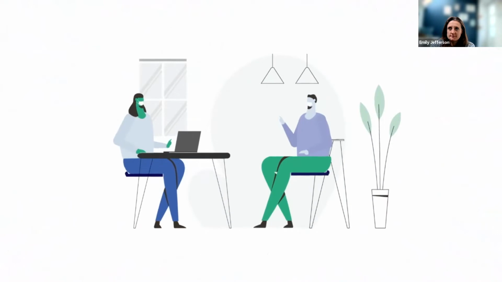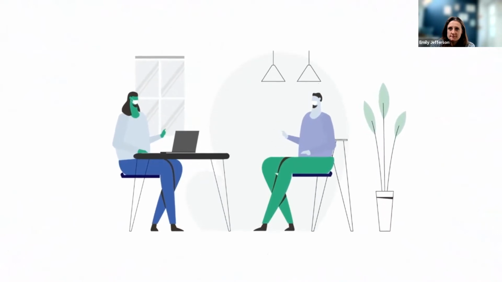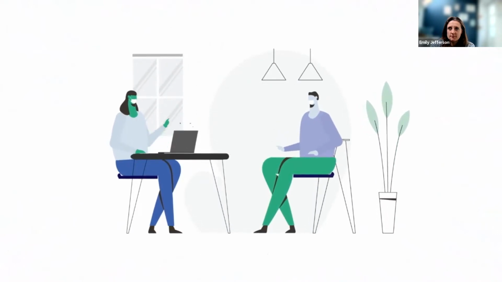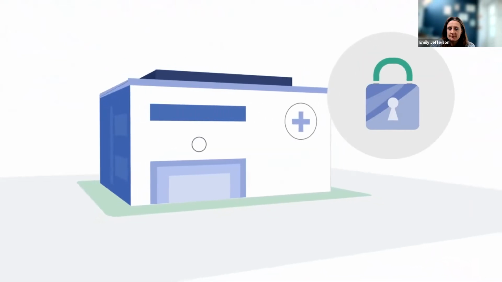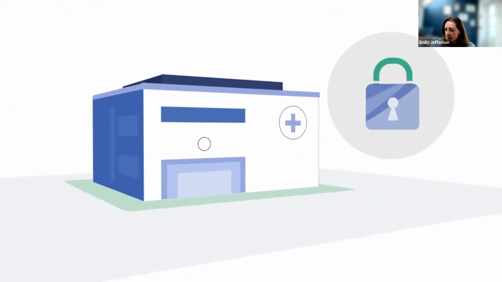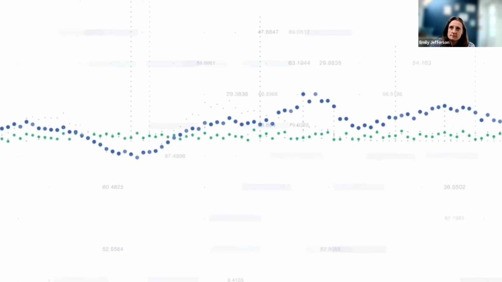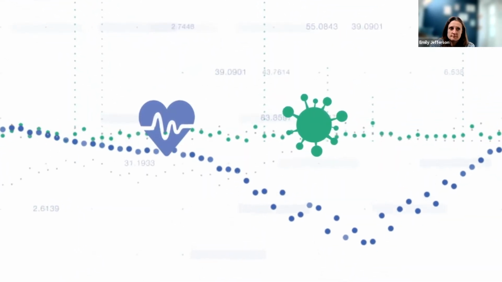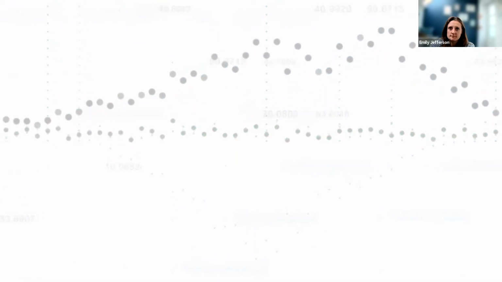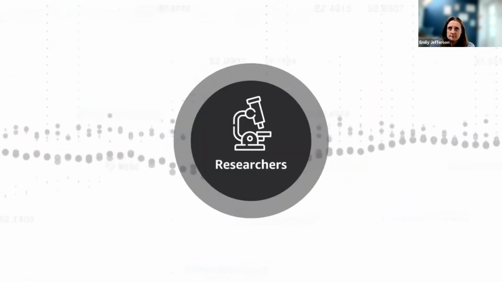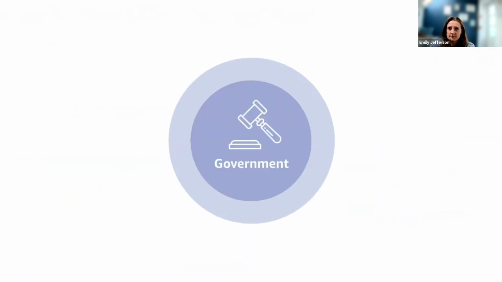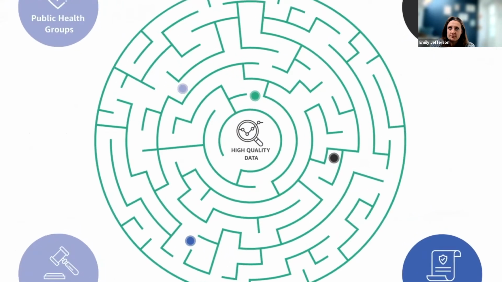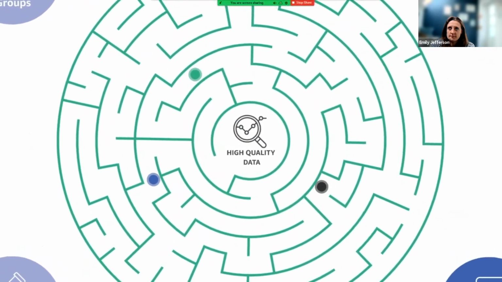Each time a patient has taken part in research, visited their GP or hospital, or taken a test, data is securely held by the organisation who collected it. Using larger volumes of data from different sources helps us understand the nation's health and COVID-19 status. It's difficult and complex for public health groups, researchers, policymakers and government to find and access lots of high-quality data quickly and efficiently to make decisions.